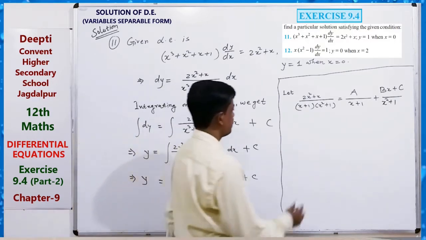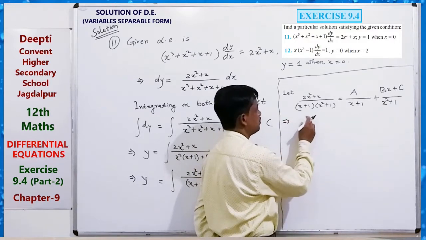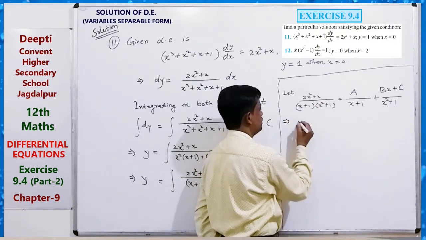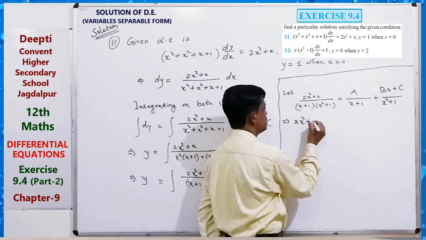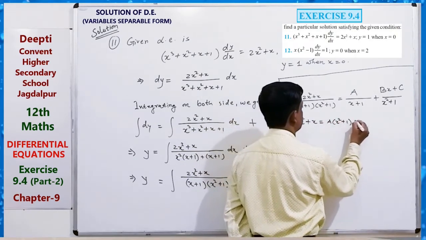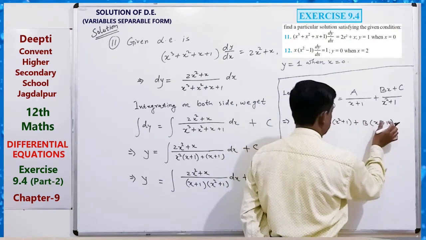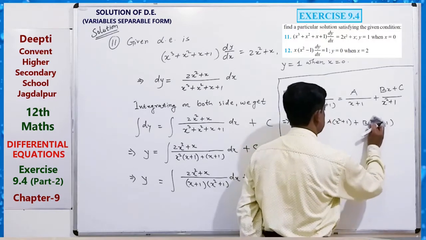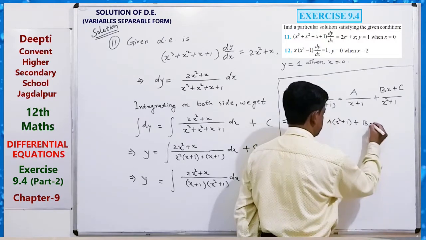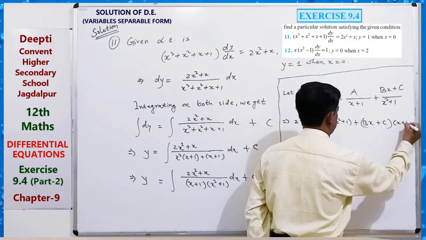As a rule, for partial fractions, multiply by the denominator on both sides. We get 2x square plus x equals A into (x square plus 1) plus (Bx plus C) into (x plus 1).